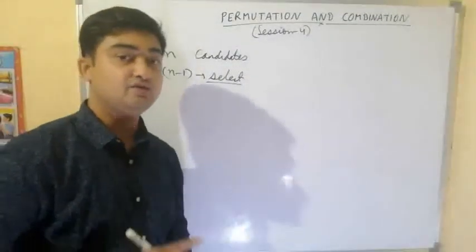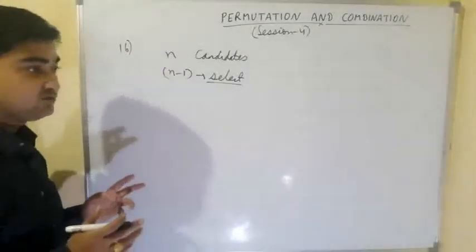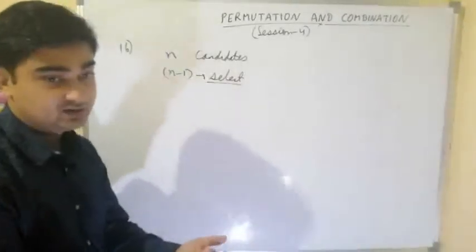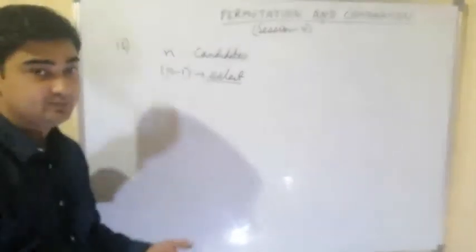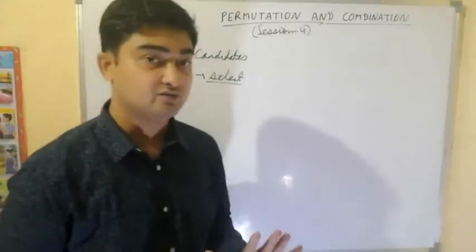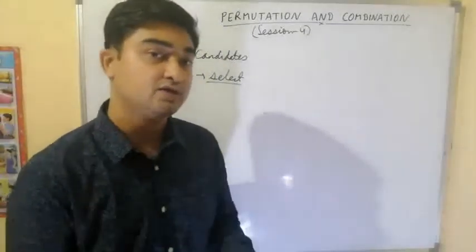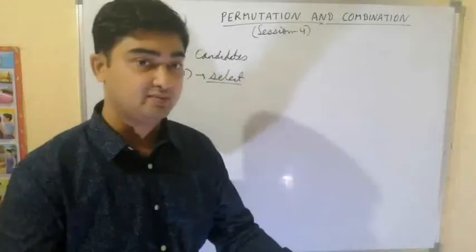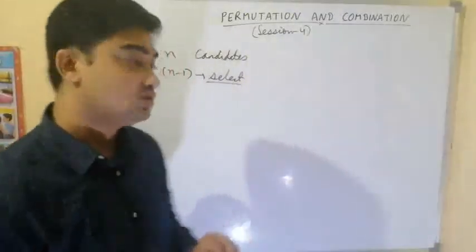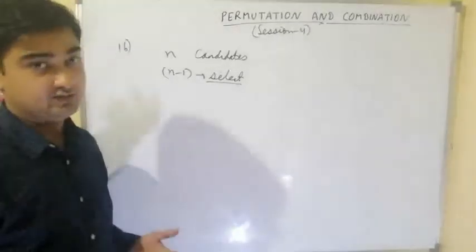But in union elections, we have to select a group of candidates, a team. If we have to select a team of 5, we can cast up to 5 votes. So the number of candidates to be selected is equal to the number of votes we can cast.